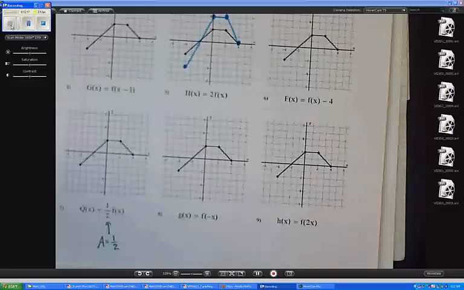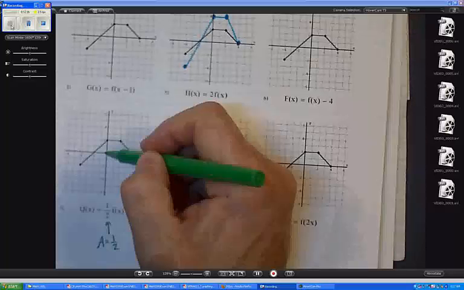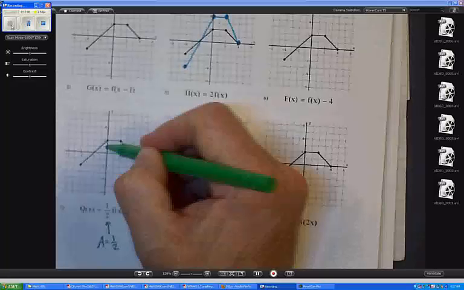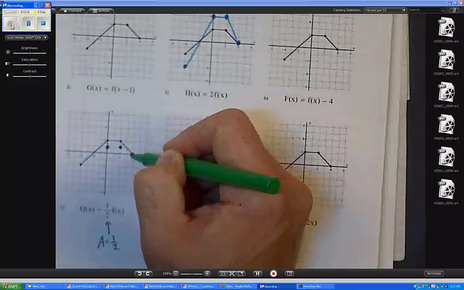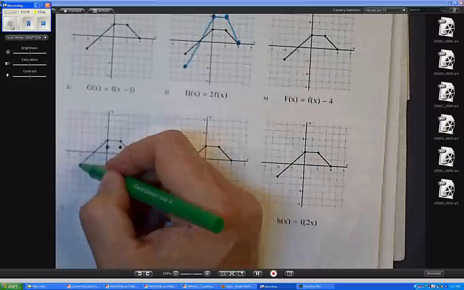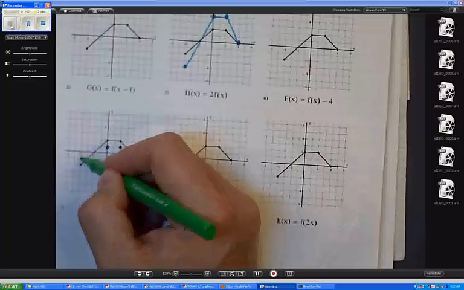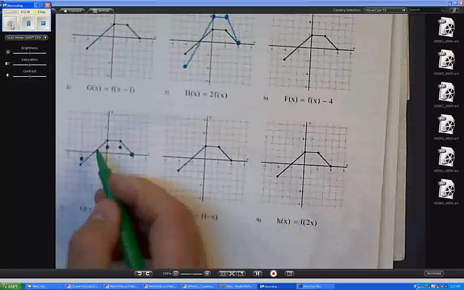We're going to scale by 1/2. We're going to multiply everything by 1/2 in terms of output. And so I'm seeing, well, instead of an output of 2, I'm going to have an output of 1. Instead of an output of 2, I'm going to have an output of 1. 0 times 1/2 is 0. And then here, instead of -2, what's my output going to be? -1, right? Half of each of those. And so I'm picturing something like that.